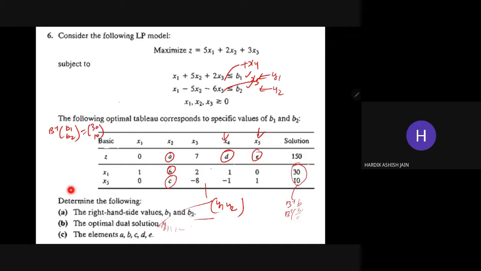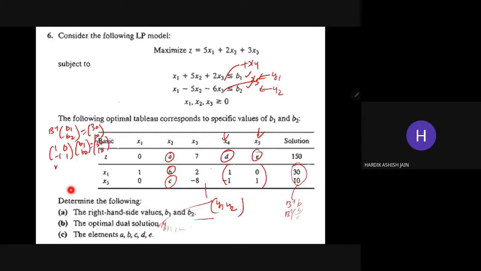And what is the B inverse? If x4, x5 are the initial basic variables, then where do we have the B inverse? This column is the B inverse. So here we have 1, minus 1, 0, 1, and here we have b1, b2, and on the right-hand side we have 30 and 10.